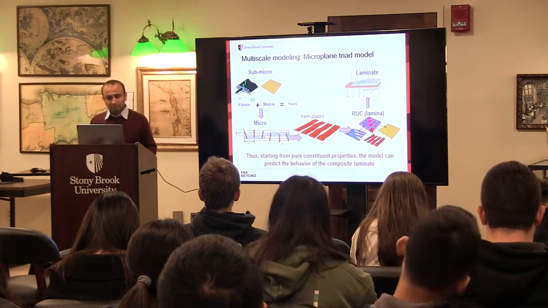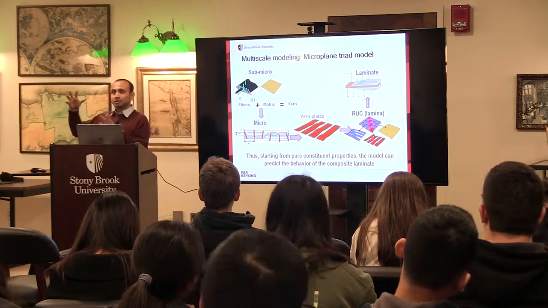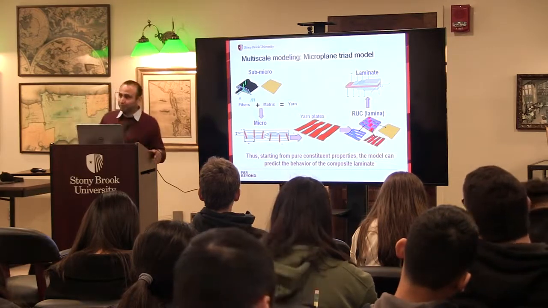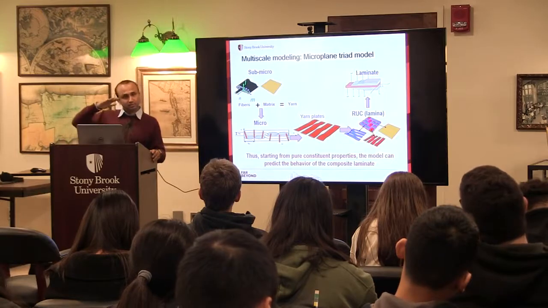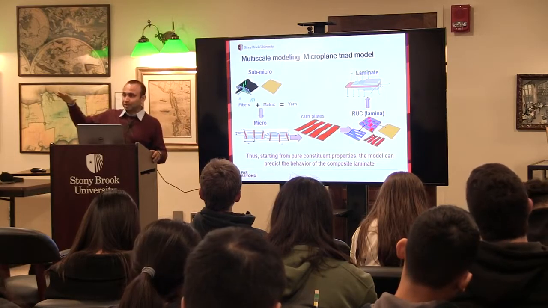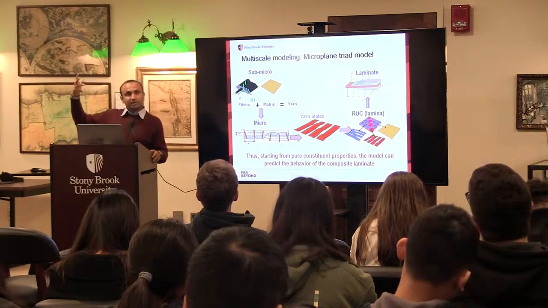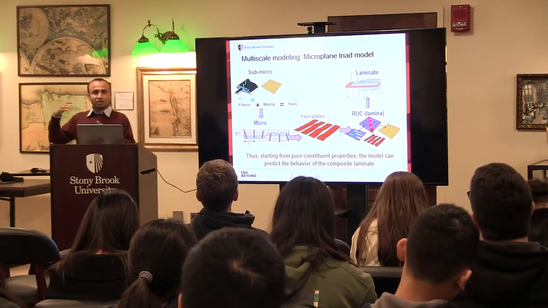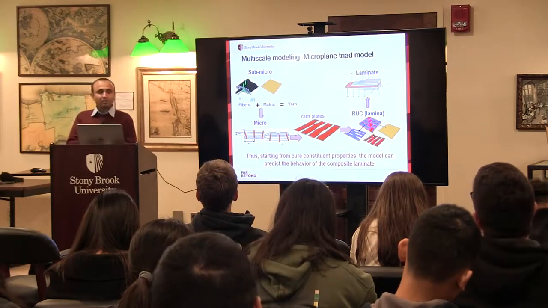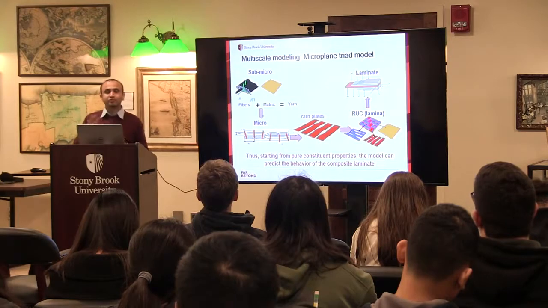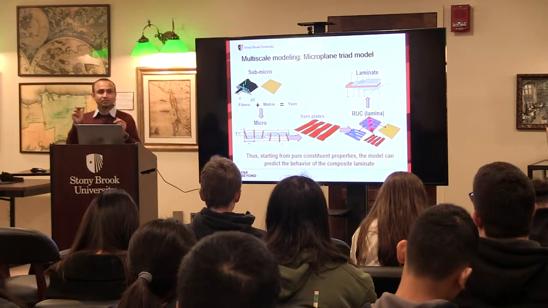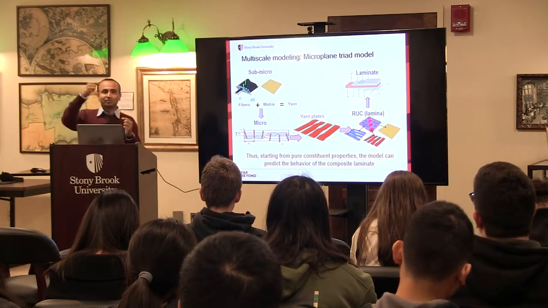This structural level thing is called laminate. Okay? Composite in general has a lot of layers. That is called laminate. Each layer is called a lamina. Then within each layer you have yarns, which themselves consist of individual fibers.